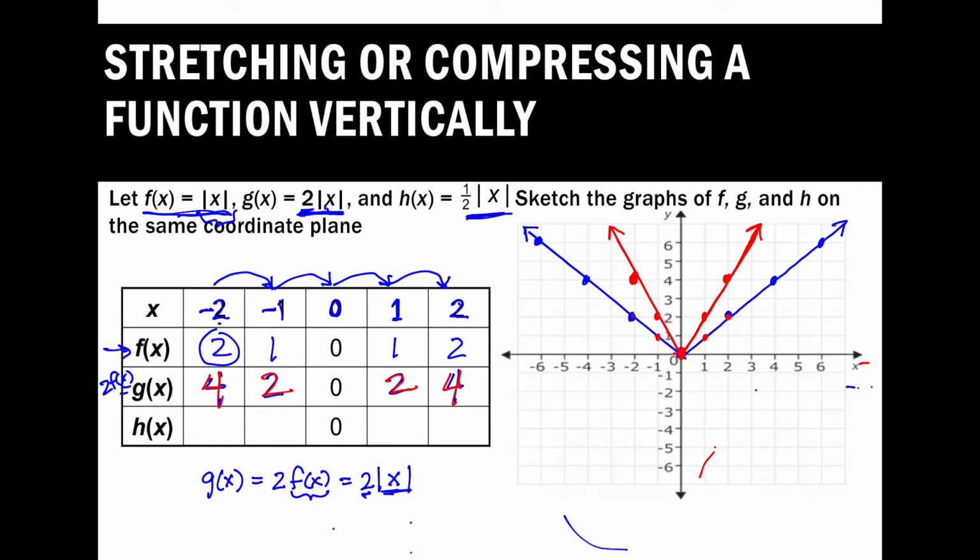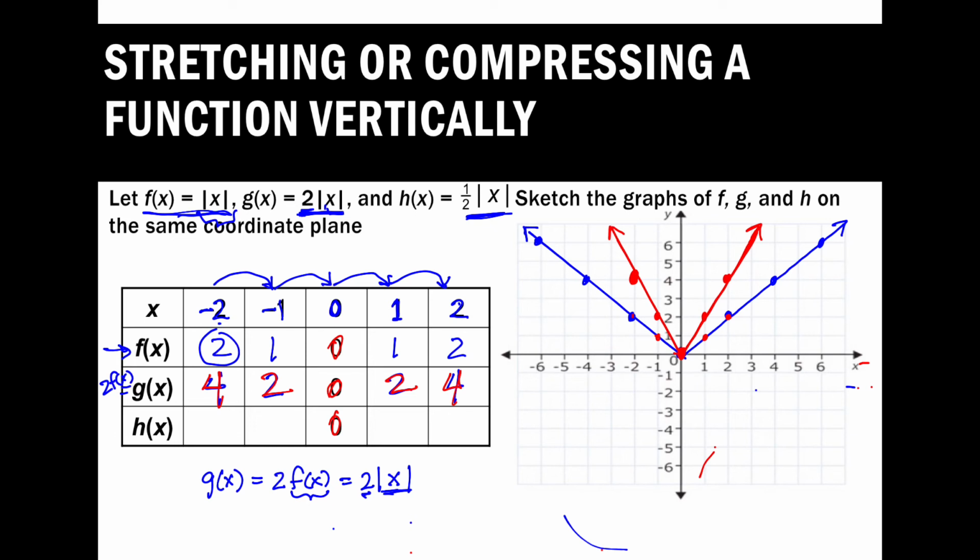And so my y values doubled in size, but they stayed anchored in the same spot. Again, that vertex there for that v remained consistent. It remained in the same spot. That's why we have 0 here each time, because if I plug in 0, any multiplication is still 0.